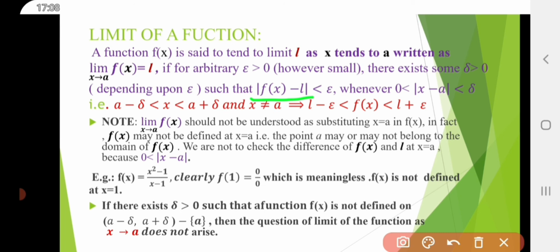whenever 0 is less than mod of x minus a, which is less than delta.